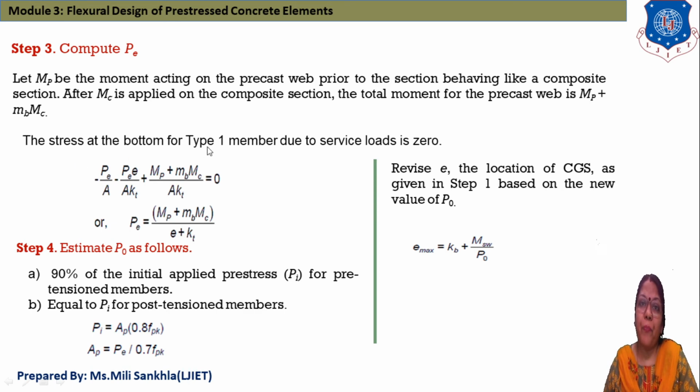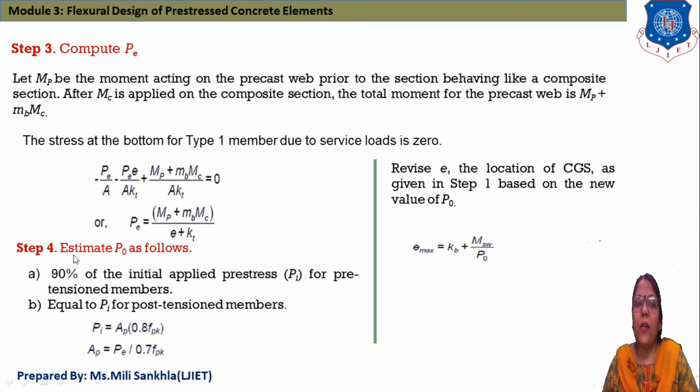For type 1 member, the service load stress we consider as 0: minus PE by A minus PE into eccentricity divided by AKT plus MP plus MB MC divided by AKT. K means kern zone at top. KT is the top kern zone and KB is the bottom kern zone, with zero stress at service load. After simplifying, PE is equal to MP plus MB MC divided by E plus KT.